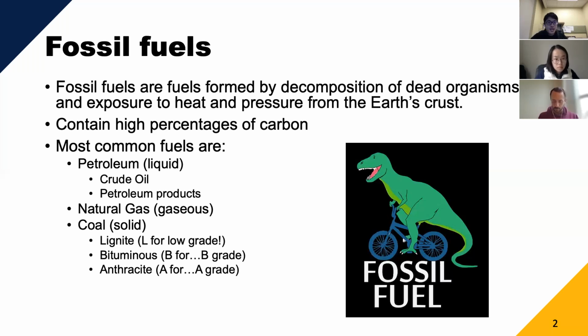You've got natural gas, which is your gaseous form, and then coal, which is the solid form of fossil fuels. And there are several different qualities of coal: lignite, bituminous, and anthracite, and that's in the order of quality. And we'll talk about what these grades refer to in a little bit.